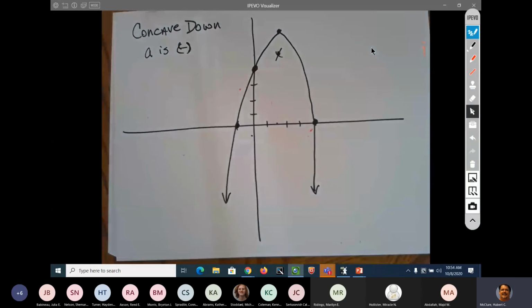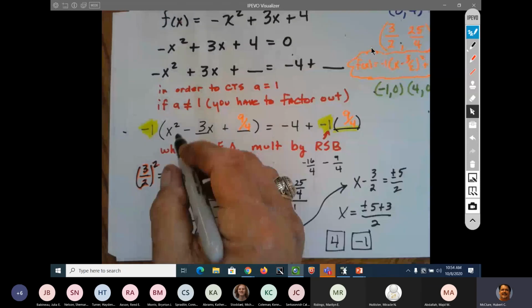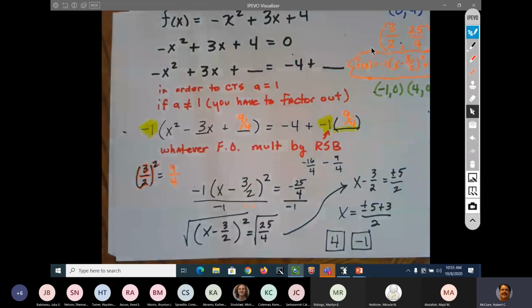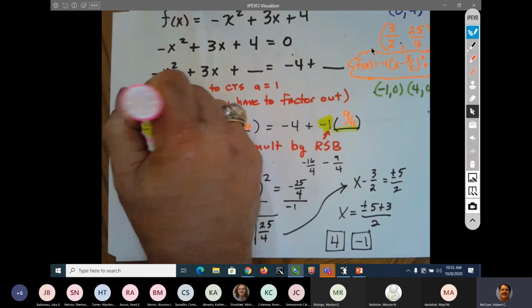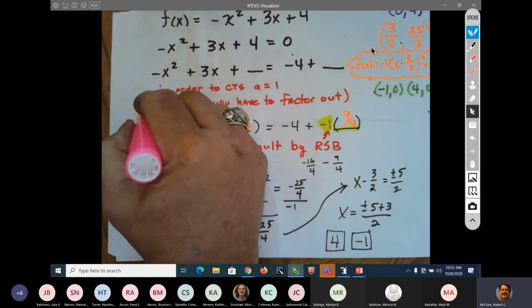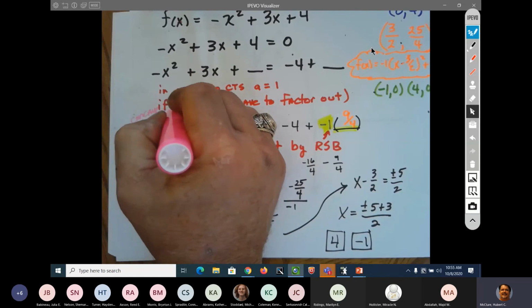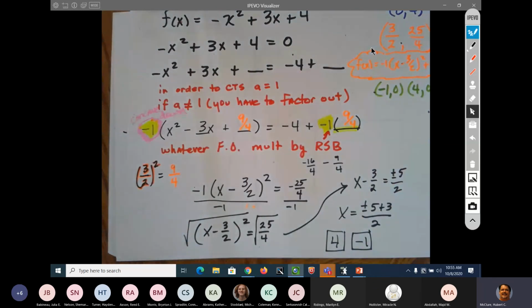That's why it's concave down, because this guy is negative right here. So you can circle this concave down. When you see that negative come out, that means that your answer is going to be concave down.